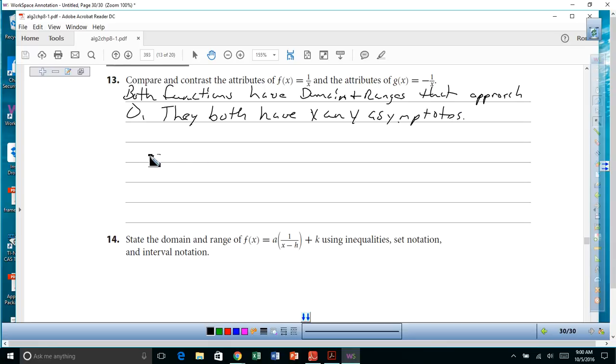The difference is they approach the asymptotes from different directions.